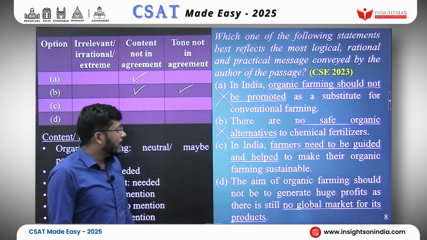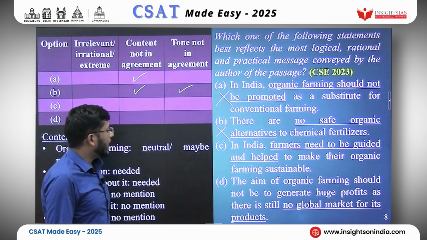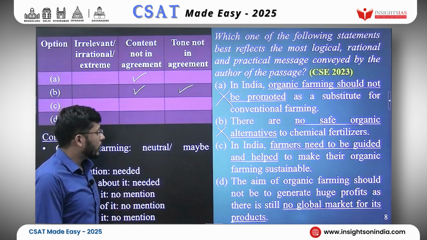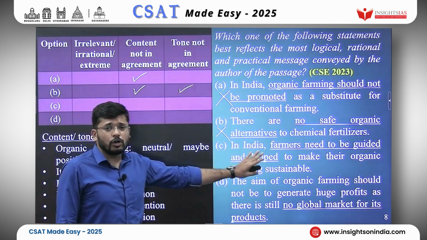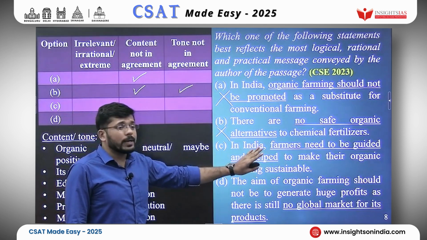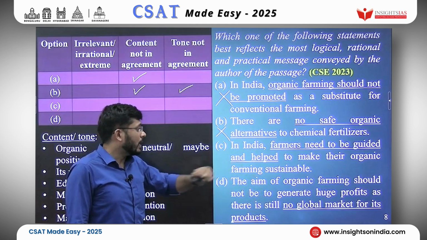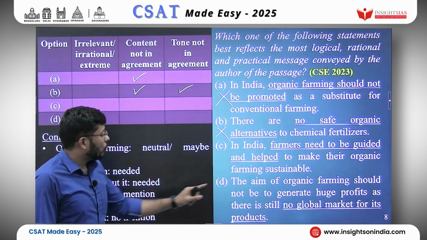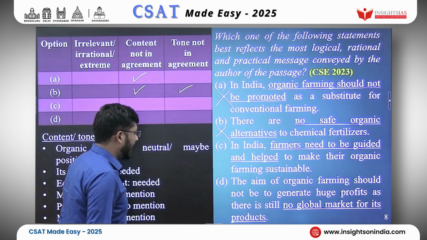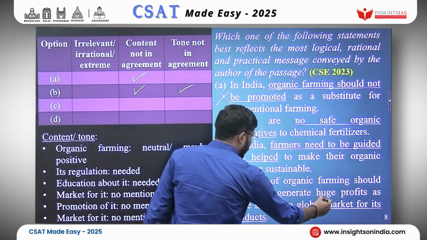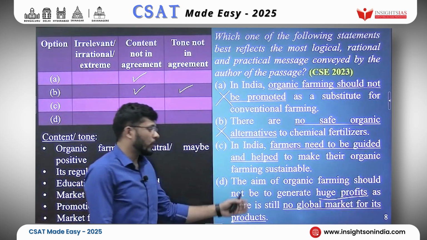Then, in India, farmers need to be guided and helped to make their organic farming sustainable. Okay. This is a very good option. However, we will not mark it as an answer until we have read the last one also. The aim of organic farming should not be to generate huge profits, as there is still no global market for its products.